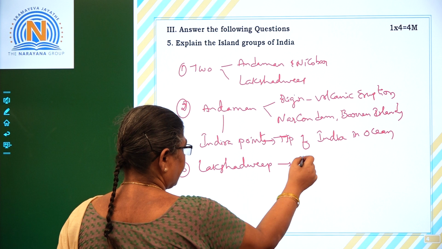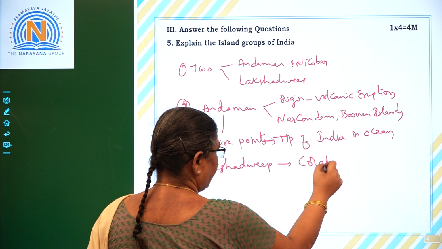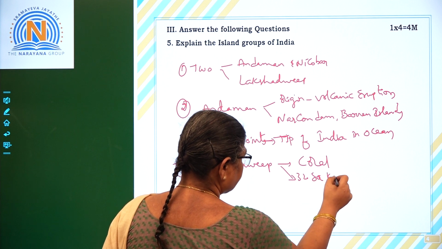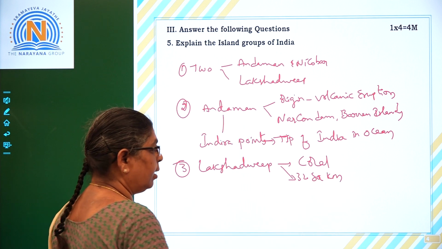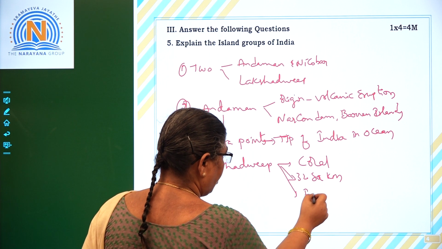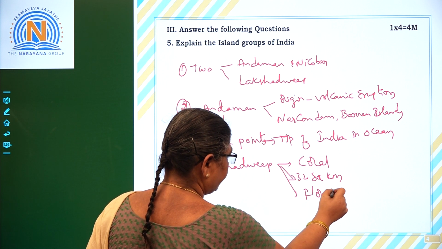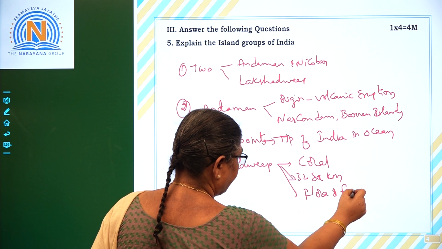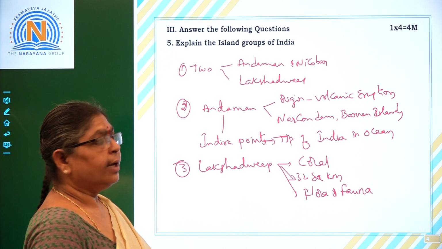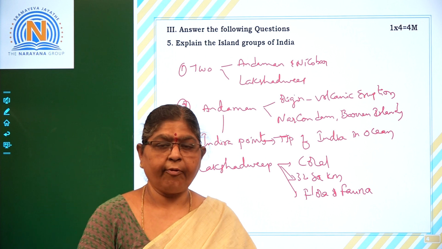And the third one is Lakshadweep. The Lakshadweep Islands are of coral origin, and have 32 square kilometers of area. They are very small. These Lakshadweep Islands are fully occupied with flora and fauna. A diversified flora and fauna is found in this group of islands.